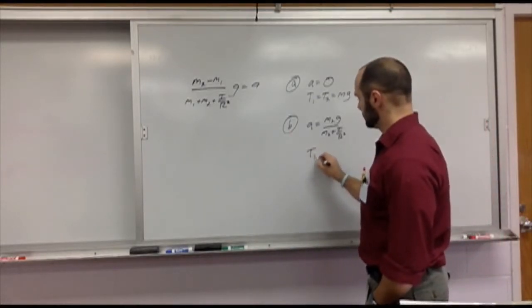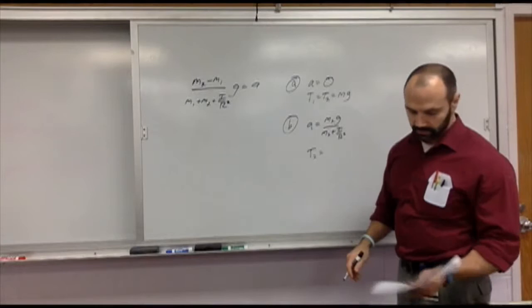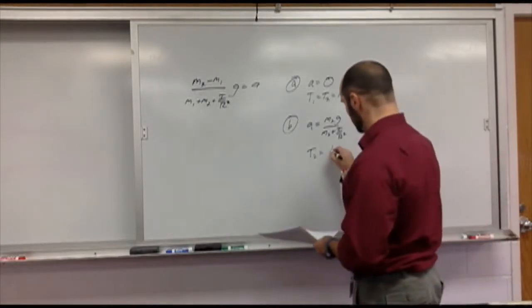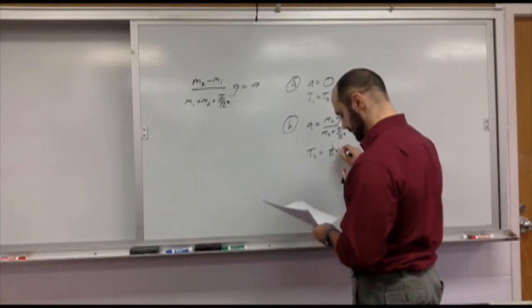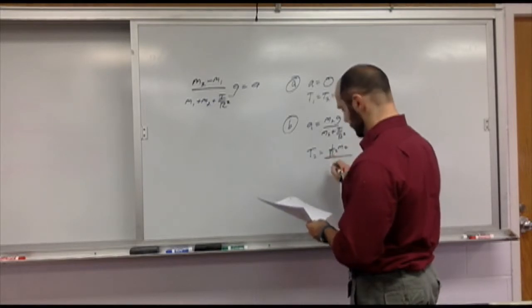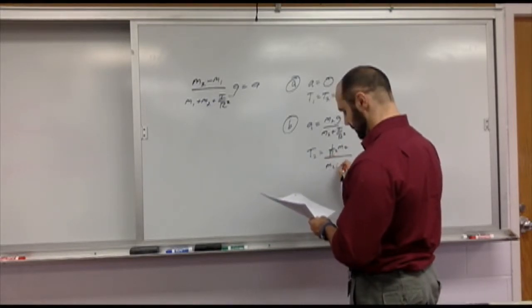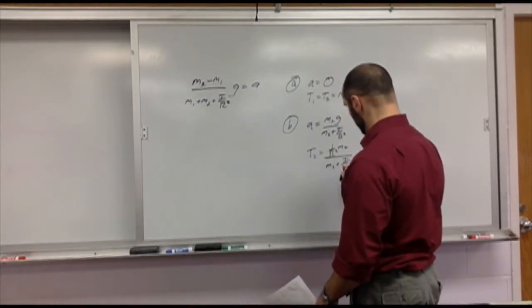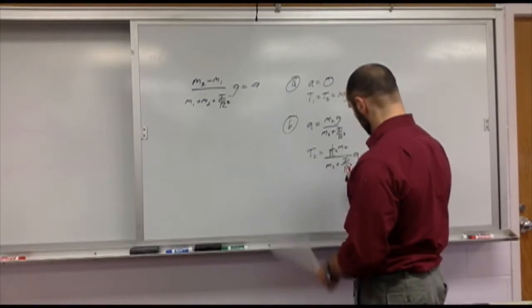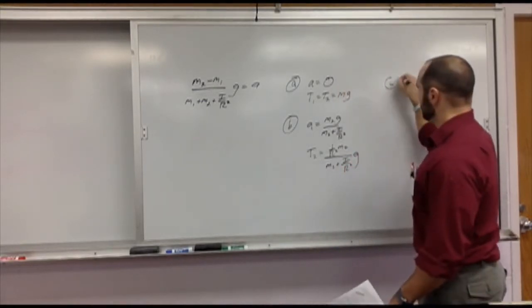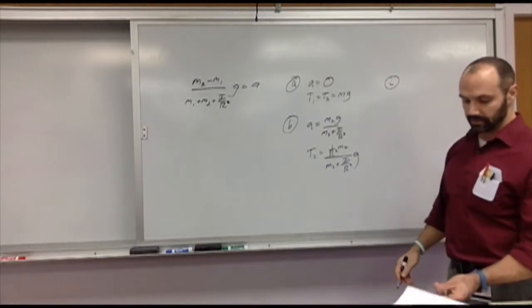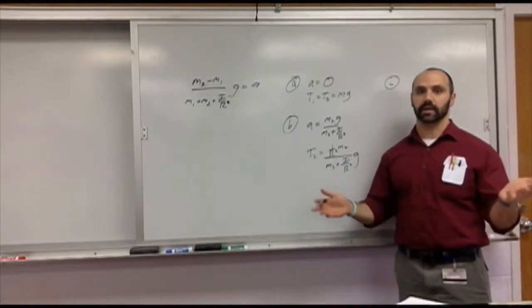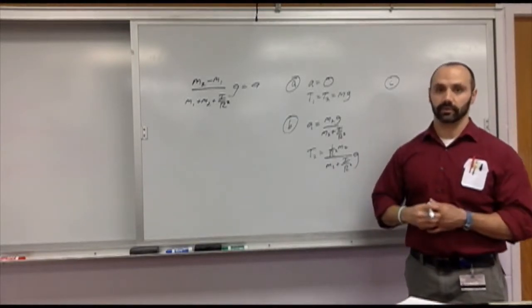And T2 will be 1 over r squared, m2 over m2 plus I over r squared, times g. If the mass of the pulley is 0, then we have the Atwood's machine. It's no different from what we had before.